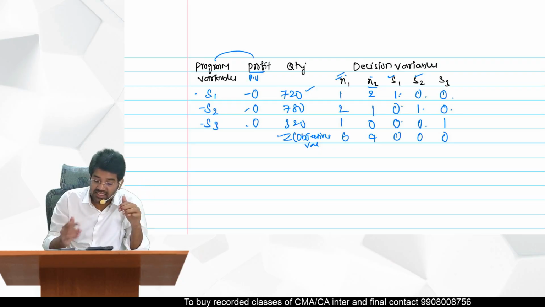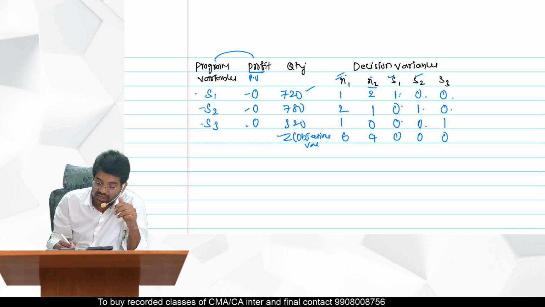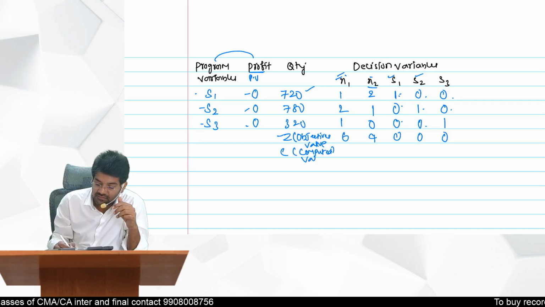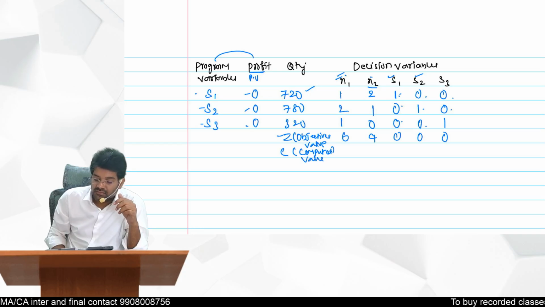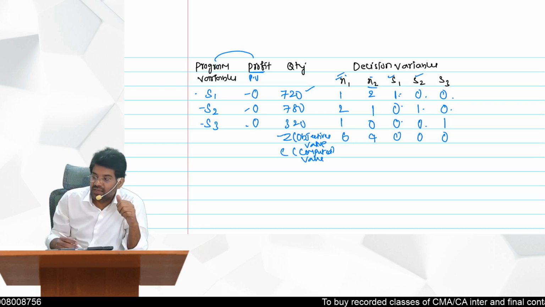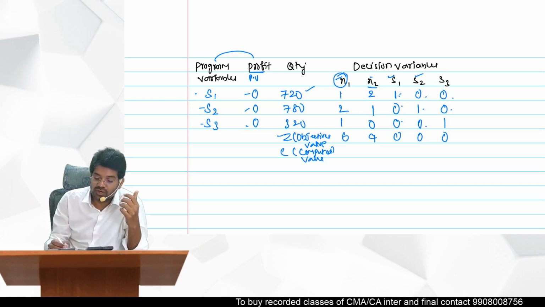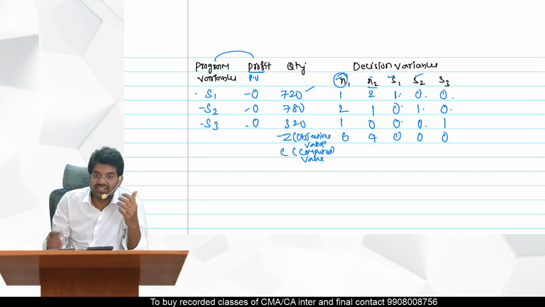After this, you should calculate C, the computed value. What is the computed value? It is the profit if I produce 1 unit of x1, 1 unit of x2, 1 unit of s1, s2, s3.